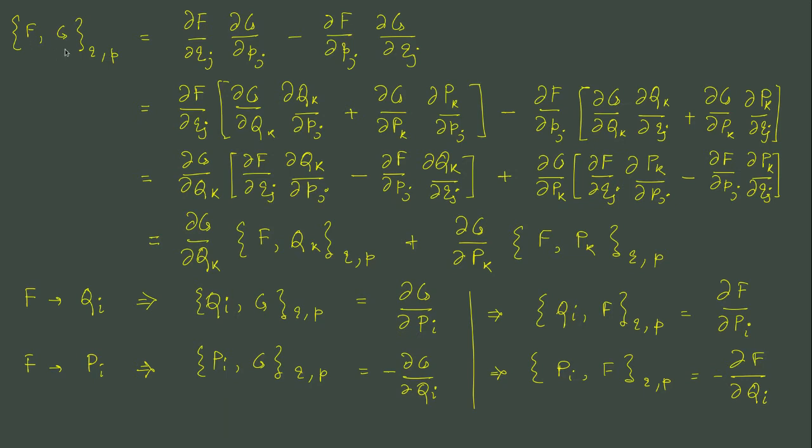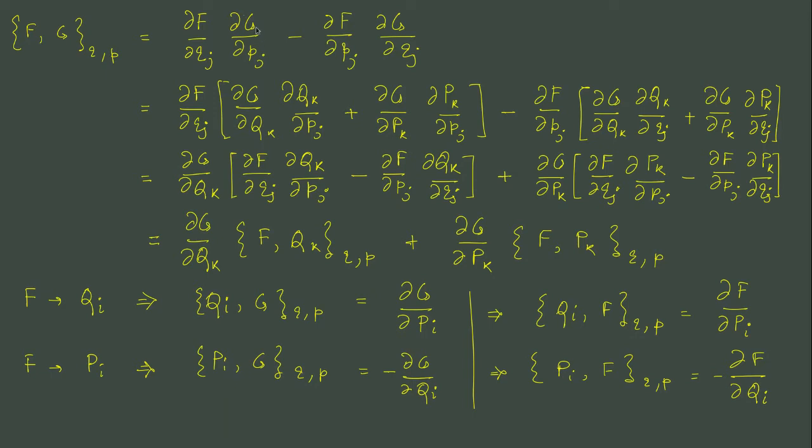Look at this. The Poisson bracket of f and g, where f and g are two arbitrary functions. This is the Poisson bracket: del f del q, del g del p, and then del f del p and del g del q.